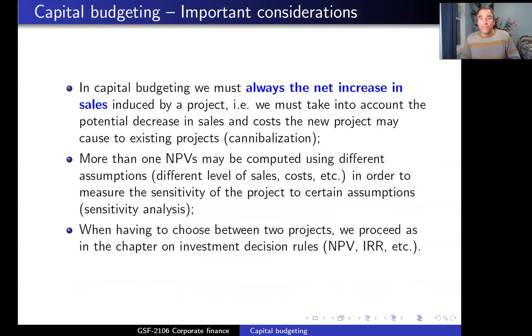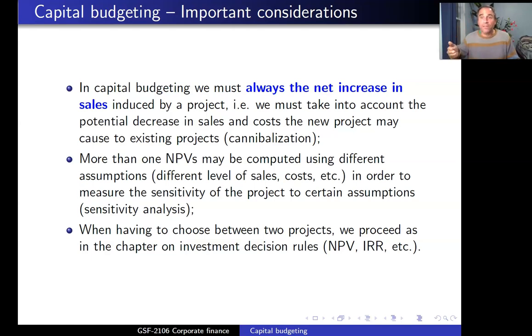So, important considerations. In capital budgeting, everything is an increase with respect to existing items on the firm's financial statements. Increase in sales, increase in costs, increase in depreciation. More than one net present value should be computed in every simulation.